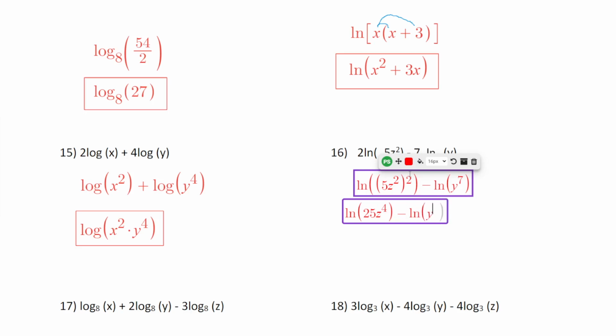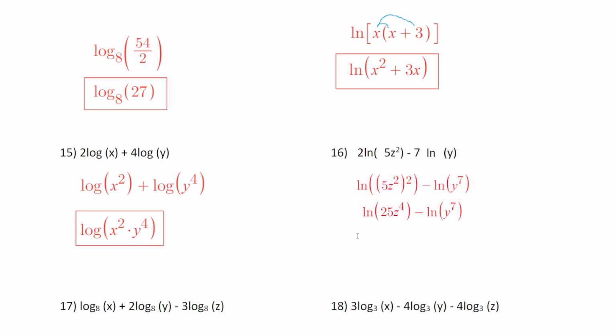And then we've got natural log of y to the 7th. So now we can combine these using the quotient property. So I'm going to write this as the natural log of 25z to the 4th divided by y to the 7th. And that should be your answer for the new and improved number 16.